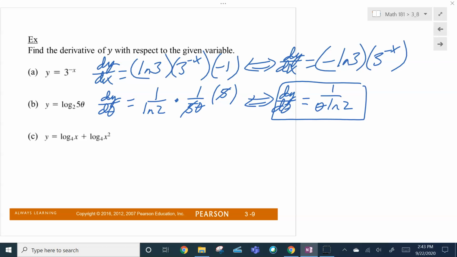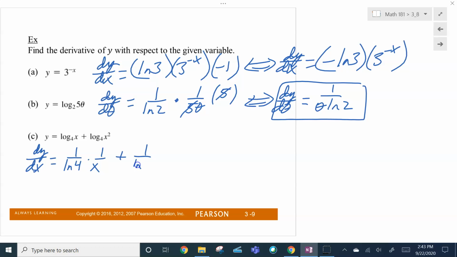All right, last one here. We've got y equaling log base 4 of x plus log base 4 of x squared. So dy dx equals 1 over ln of 4 times 1 over x. Chain rule on that, derivative of x just 1. Plus, now I'm running the derivative of log base 4 of x squared.